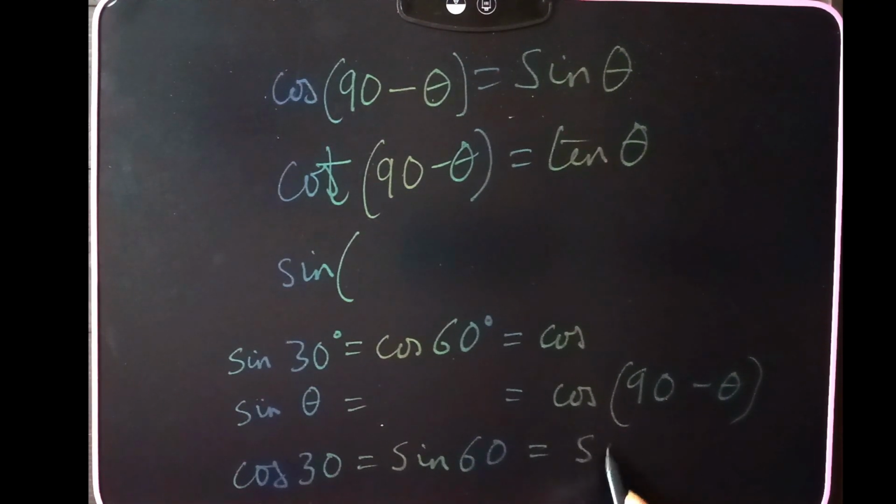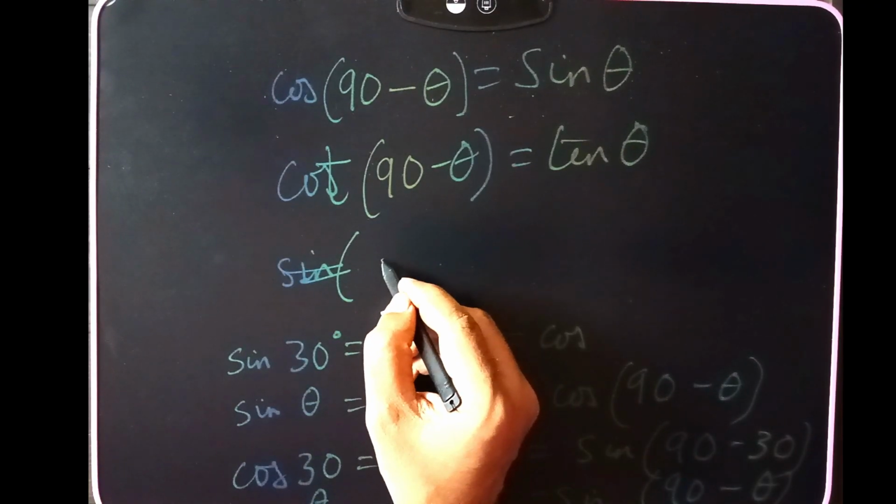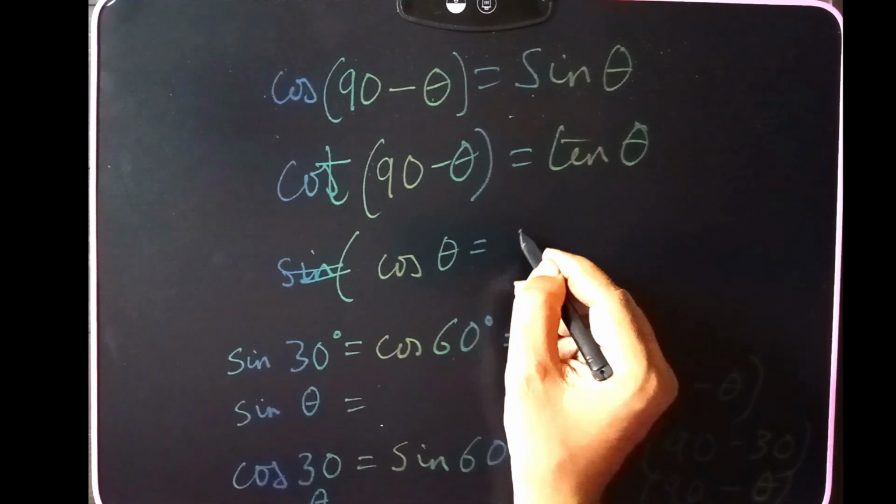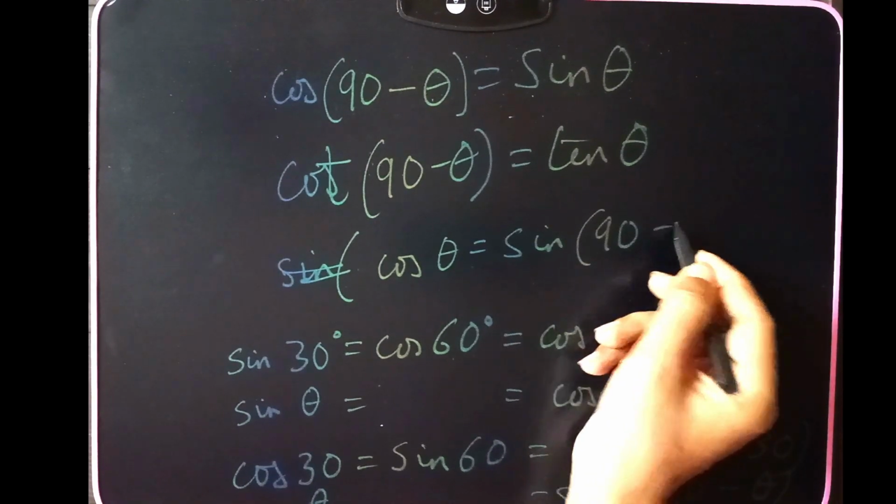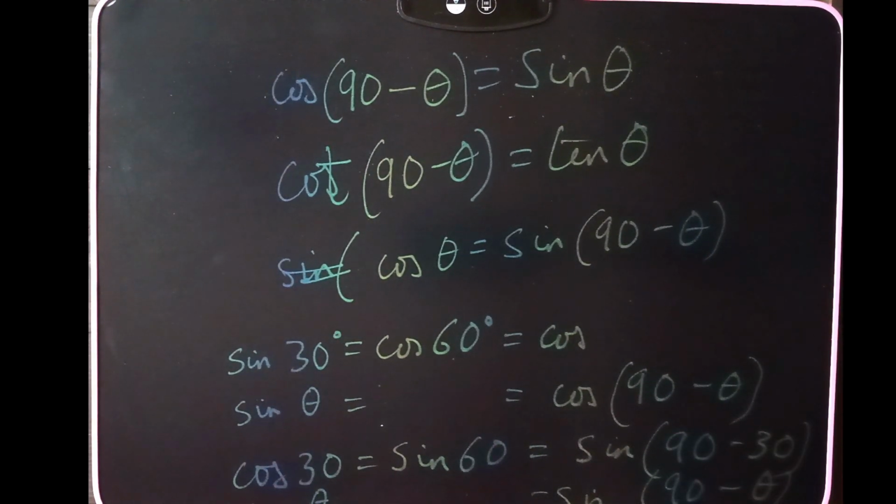So this can be written as sine of 90 minus 30, right? If I call this as theta, 90 minus theta is 60. So 90 minus theta, right? Which is cos theta. So that was cos theta. This is sine 90 minus theta. So I'll revise this. I'll say cos of theta is equal to sine of 90 minus theta. You can write it this way as well.